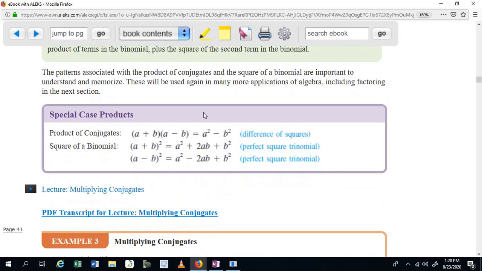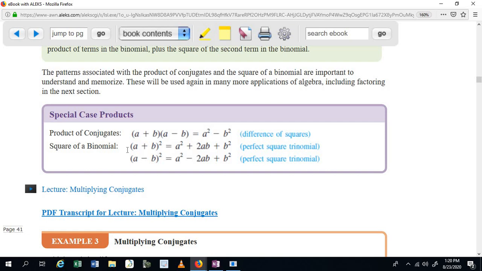Okay, so these are the special cases that we're looking at. The product of conjugates: when you take a plus b and multiply by a minus b, that's called the product of conjugates. Or the square of a binomial, when you take a plus b and multiply it by a plus b.